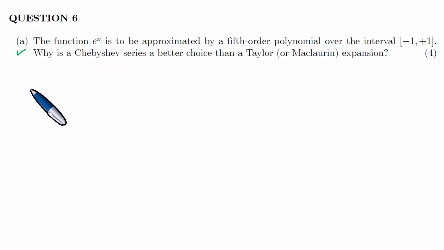Why is the Chebyshev series a better choice than a Taylor or Maclaurin expansion?